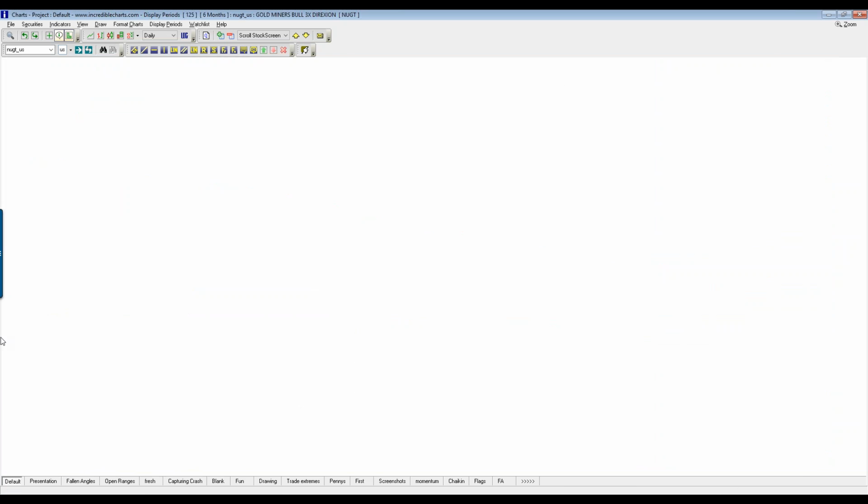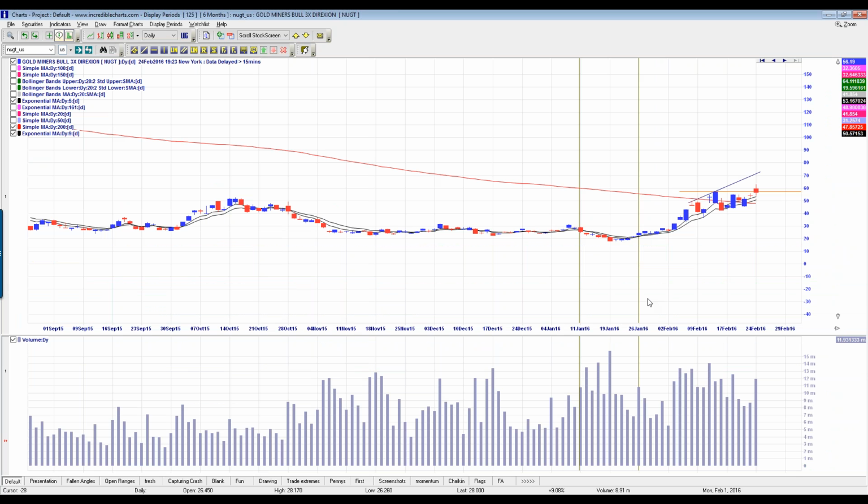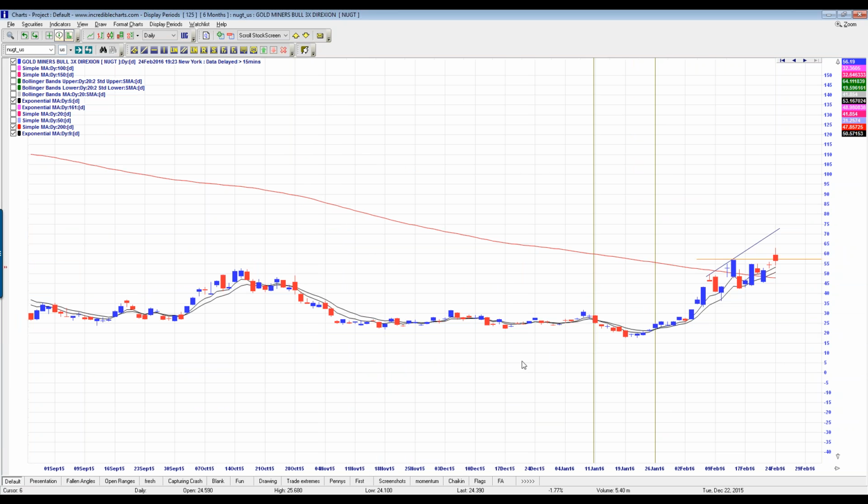So when we go and have a look at the volume, what you can see here is that as we challenge resistance, the stock traded 6.8 million shares. As it broke that level, it almost doubled to 10.8 million. That's the way we tell when key resistance has been broken, is when we suddenly get a burst, and of course where the stock closes at the top of its range.